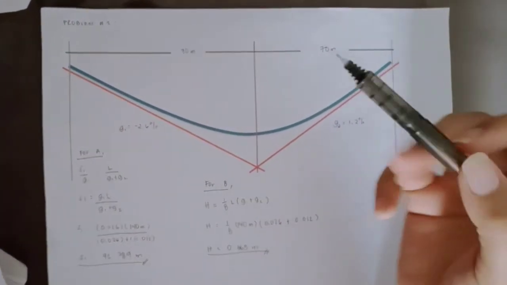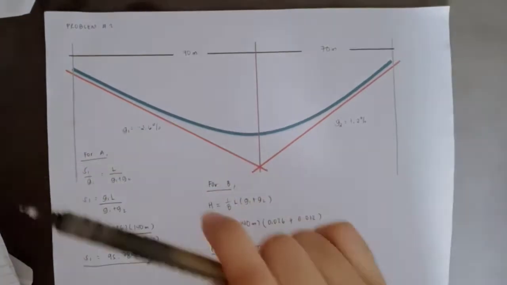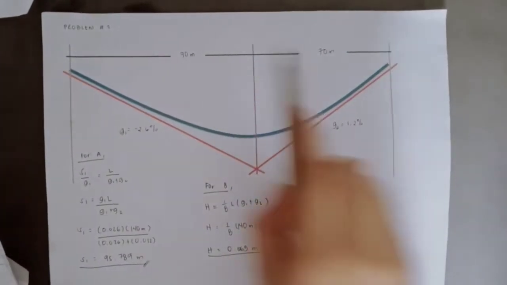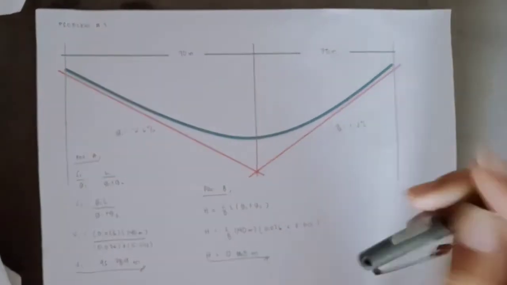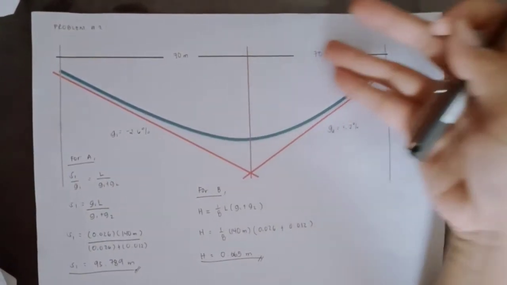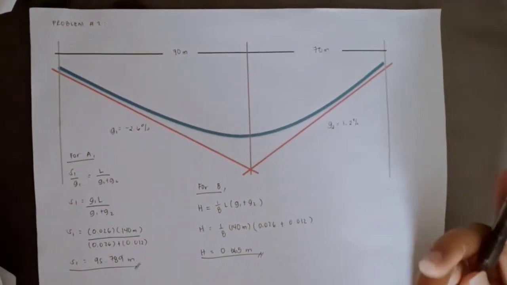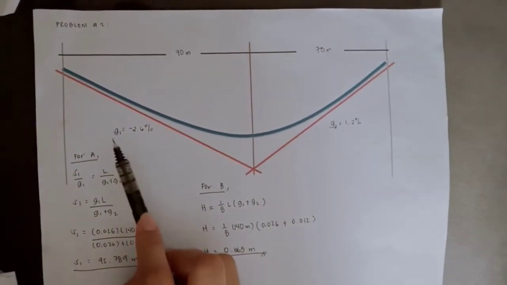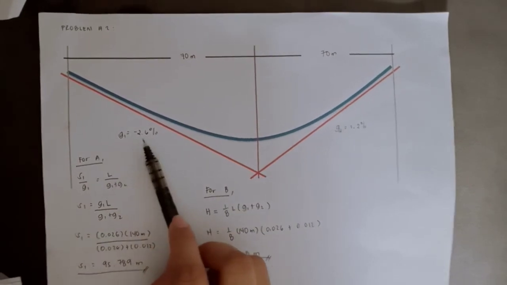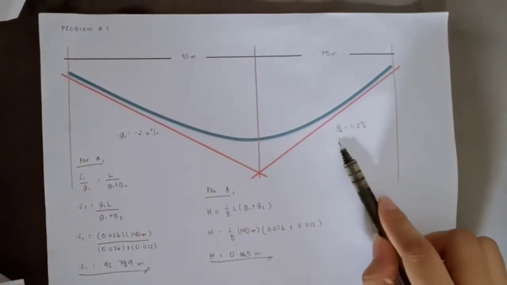Kasi natin naman na ang length ng curve ay 140 meters. So, again, dinivide ko lang siya into 2. We have this part of 70 and the other one 70 meters. A total of 140 if you're going to add them. And then, nilagay ko na yung value ng G sub 1, which is negative 2.6%, and the G sub 2, which is 1.2%.